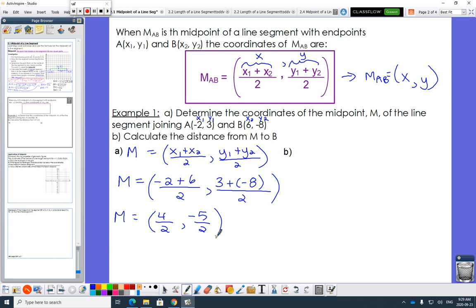So now you have a decision. Usually what happens is if you don't have to do anything with the midpoint, like if it's just paper and pencil, then you can leave it like this. This is going to be a decimal, or you can make it a decimal, okay? In this unit, it doesn't really matter.